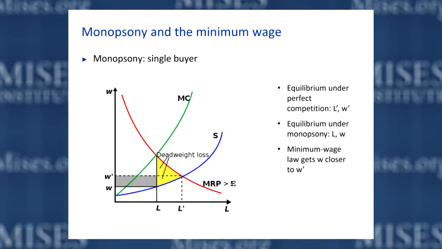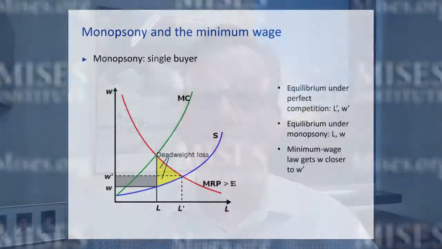So the argument that you find coming out just in the last 5 years or so that supposedly justifies minimum wage laws is that, well, just like we have monopoly in the real world, in the real world we don't have perfectly competitive labor markets. We have monopsony labor markets. Employers have market power, which allows them to pay wages lower than the equilibrium competitive wage.